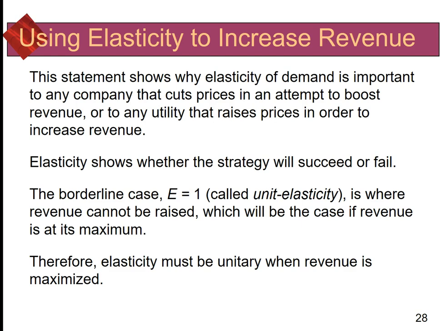The other thing we want to keep in mind is the borderline case of unit elasticity, when E equals 1, is where revenue cannot be raised. That means you're earning the highest possible revenue at that point. Depending on the information you got, if you have a revenue function in terms of number of products being made, then we're going to use our standard methods of finding a maximum.